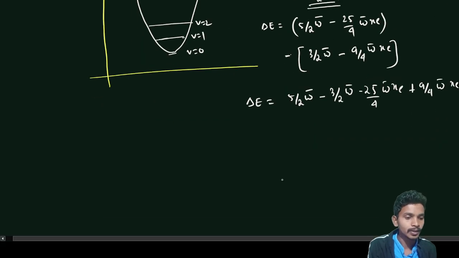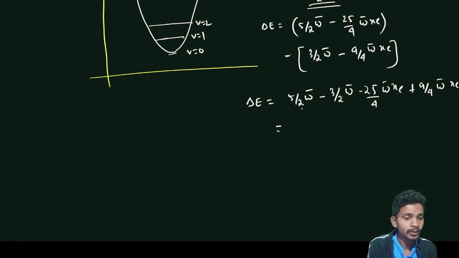Okay, so if you subtract it, then what you will get: 5 upon 2 minus 3 upon 2, that is 2 upon 2, that is 1 omega, and for this value, 25 upon 4 and 9 upon 4, that is going to give minus 16 upon 4 omega xe.